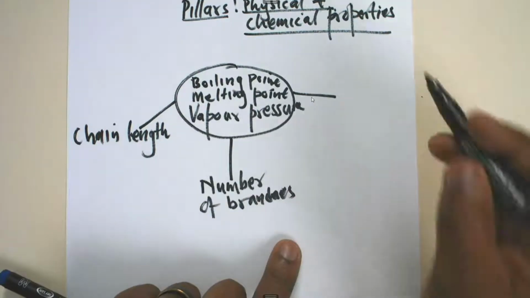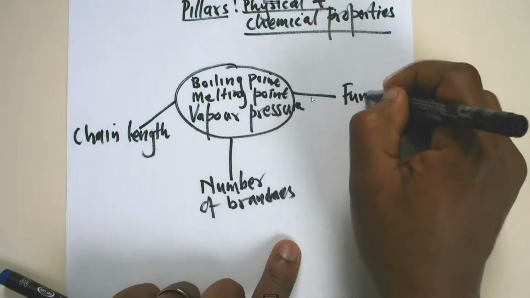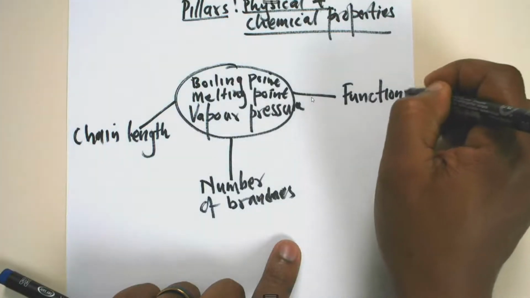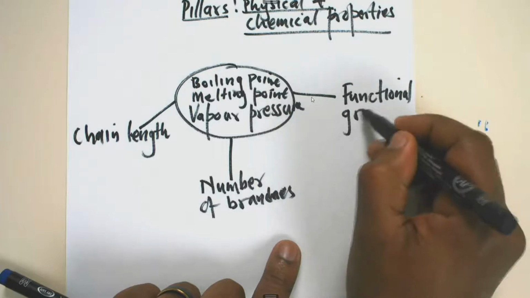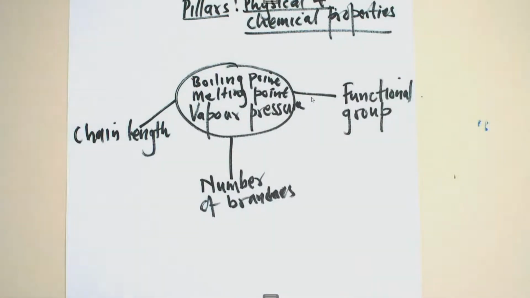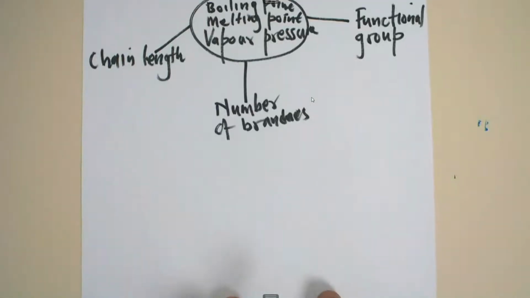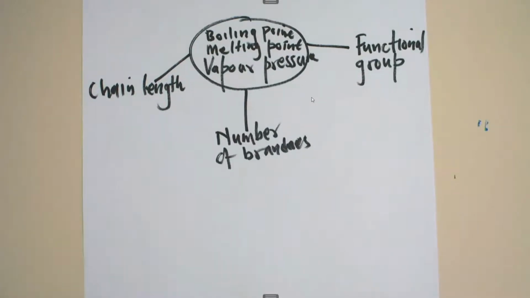The last one will be the functional group. But in an exam, how do I identify that the examiner is asking me about chain length? How do I know that the examiner is asking me about number of branches? How do I know that the examiner is asking me for the functional group?